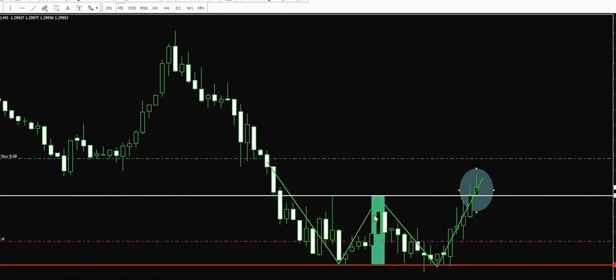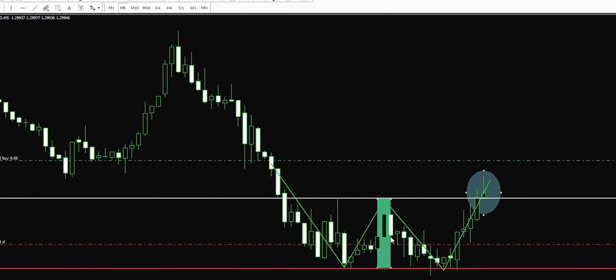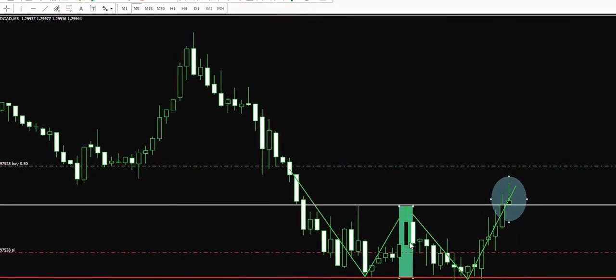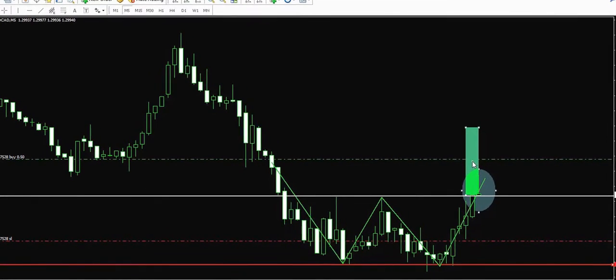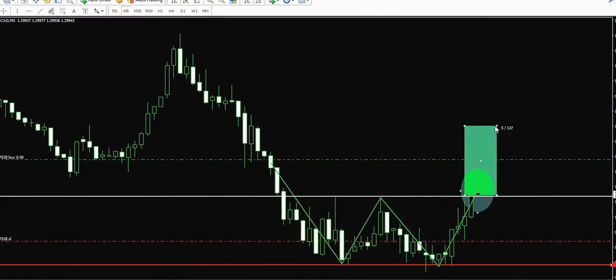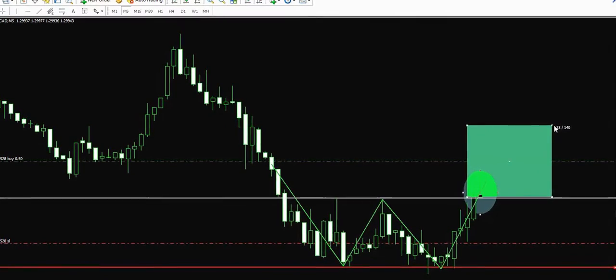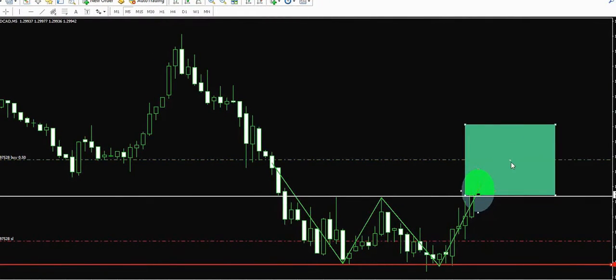So we need to apply this distance starting from the moment of the breakout. Here it is, the breakout through the neckline, so the minimum price move we pursue in our case equals to this distance you see in the green rectangle over here.